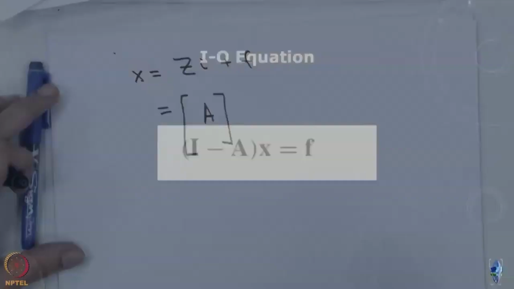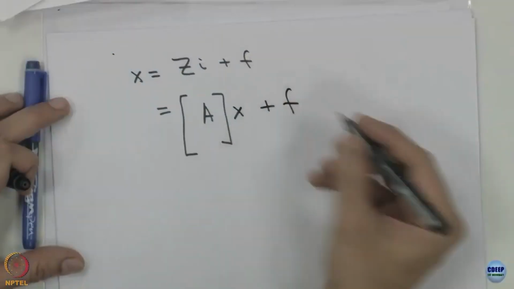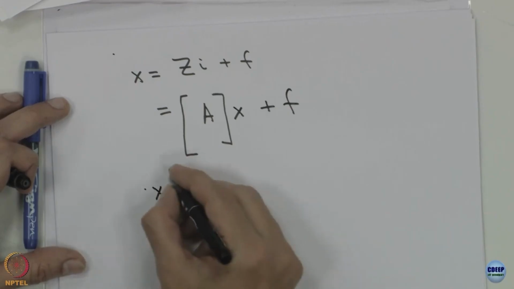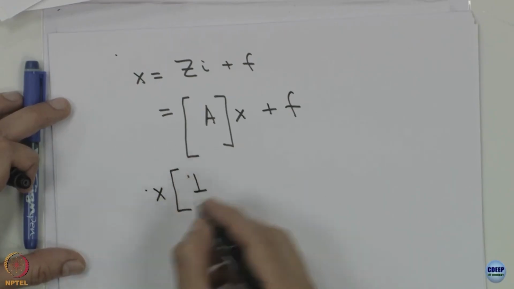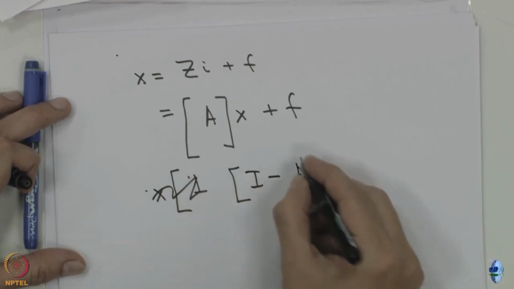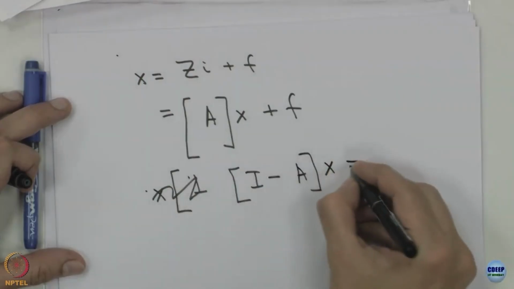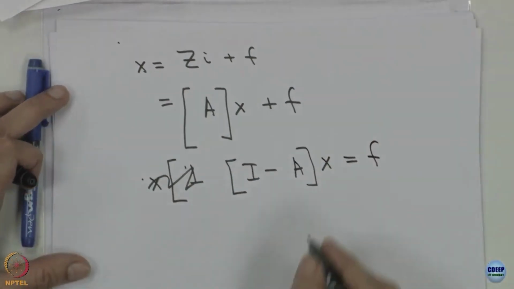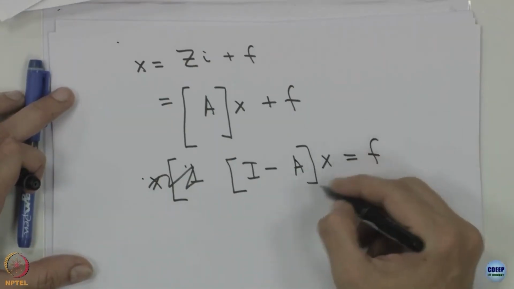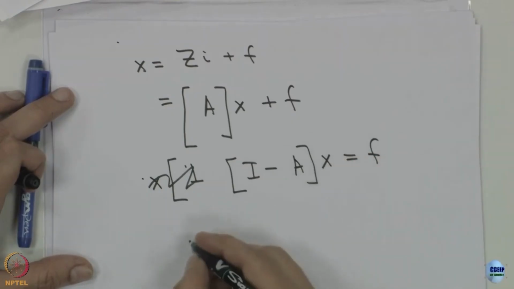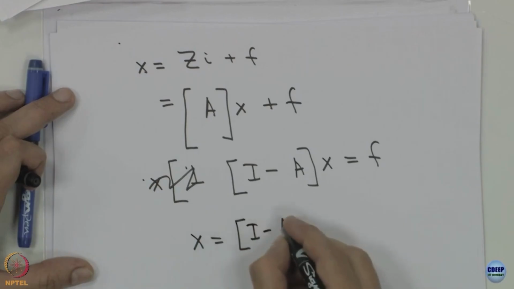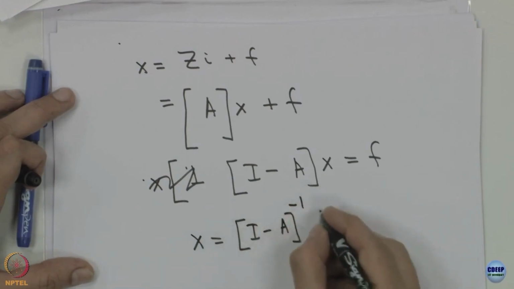So, this is ax plus f. So, we can take x into the identity matrix, we have identity matrix I minus A, once we take it on this side, into X is equal to F. And now we can get X. What we want to do is, if we know the final demand, what will be the values of X that we will get. So X will be, we can take the inverse of this, I minus A inverse into F.